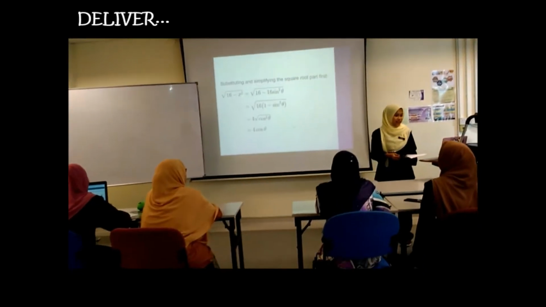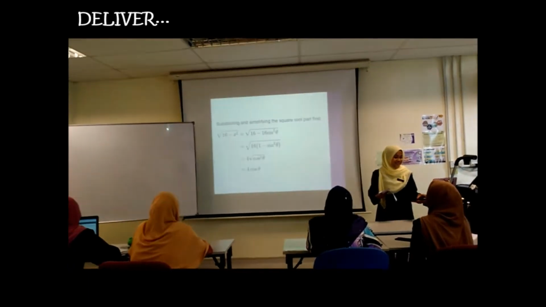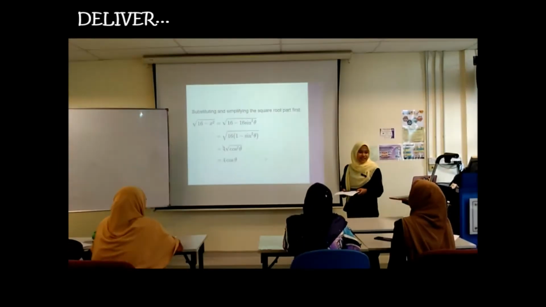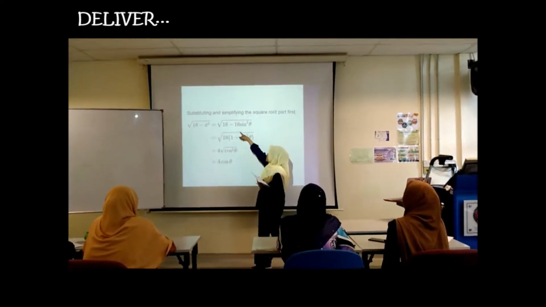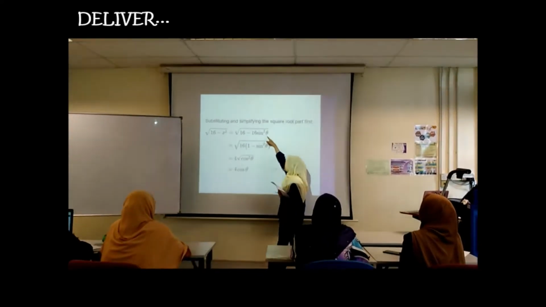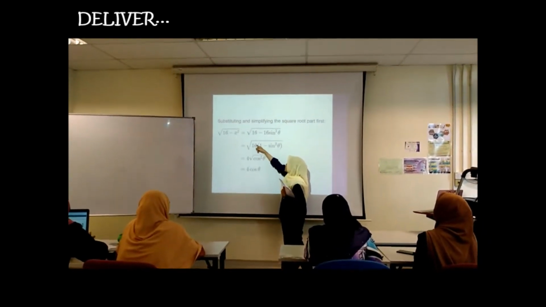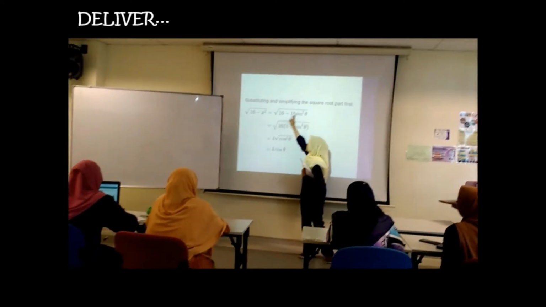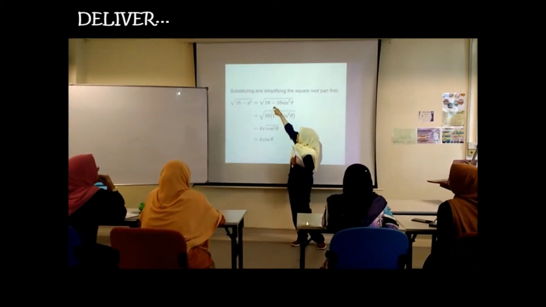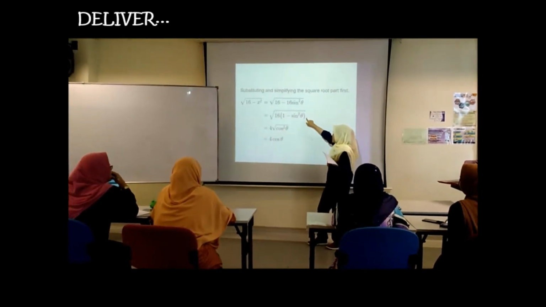Substituting and simplifying the square root part first. Square root of 16 minus x squared equal to square root of 16 minus 16 sin squared theta. We get this because we factorize this form, so we get this.